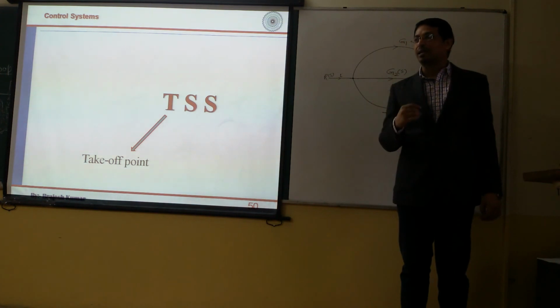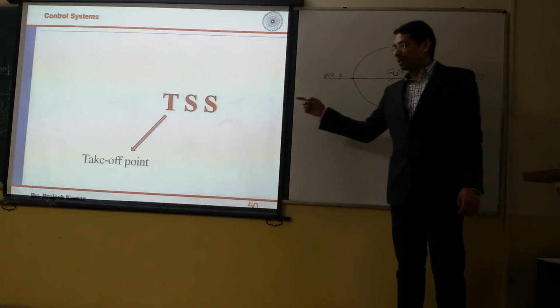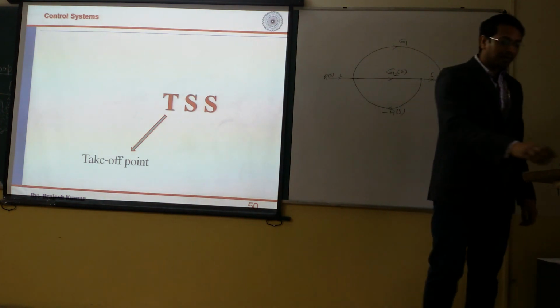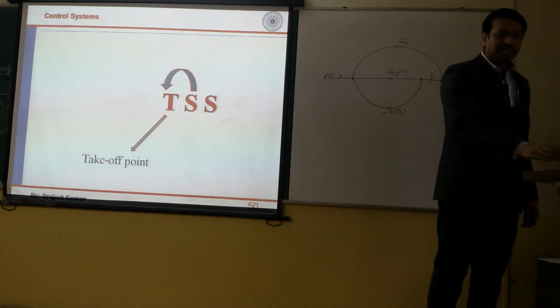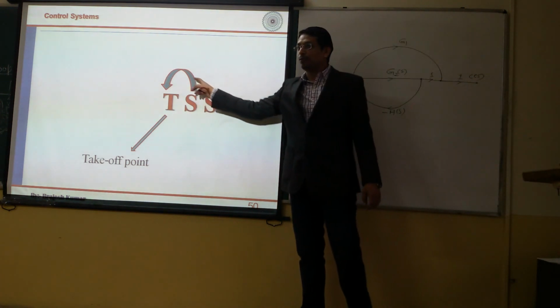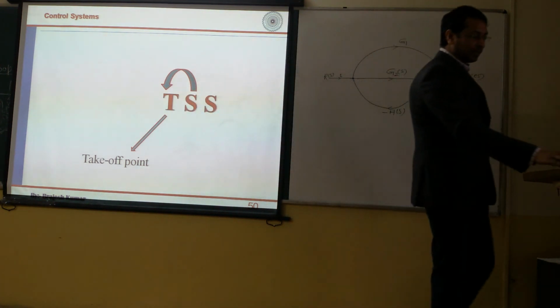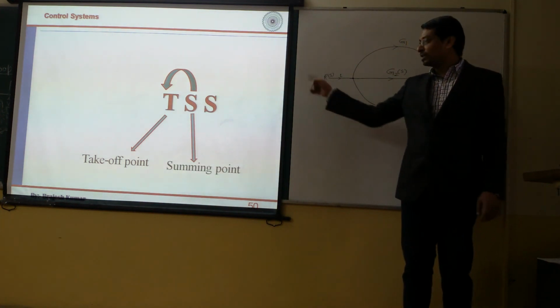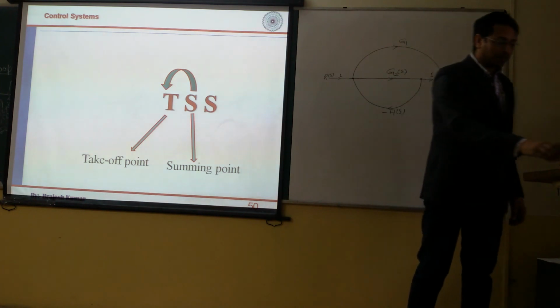I formulate it as TSS. T is for take-off point: if the take-off point is before the summing point, so letter T is before S.